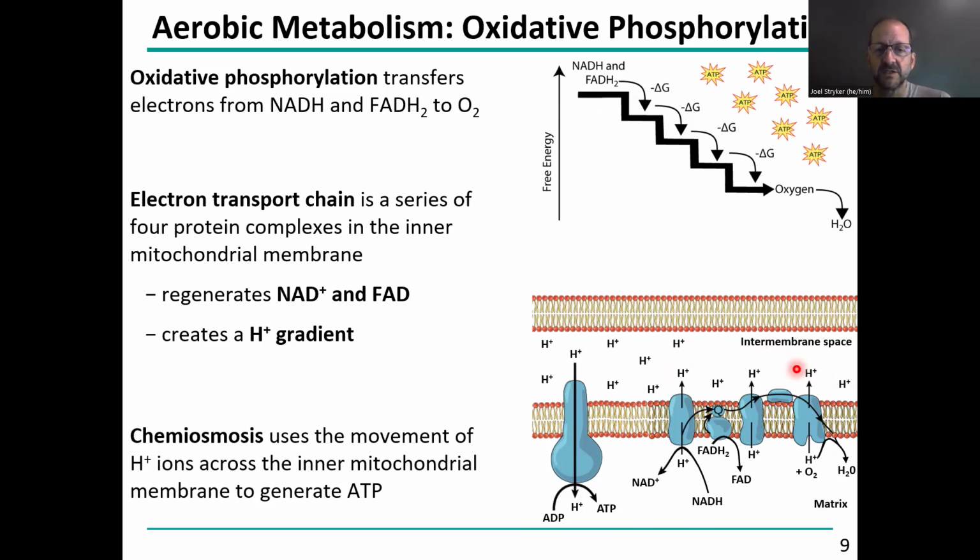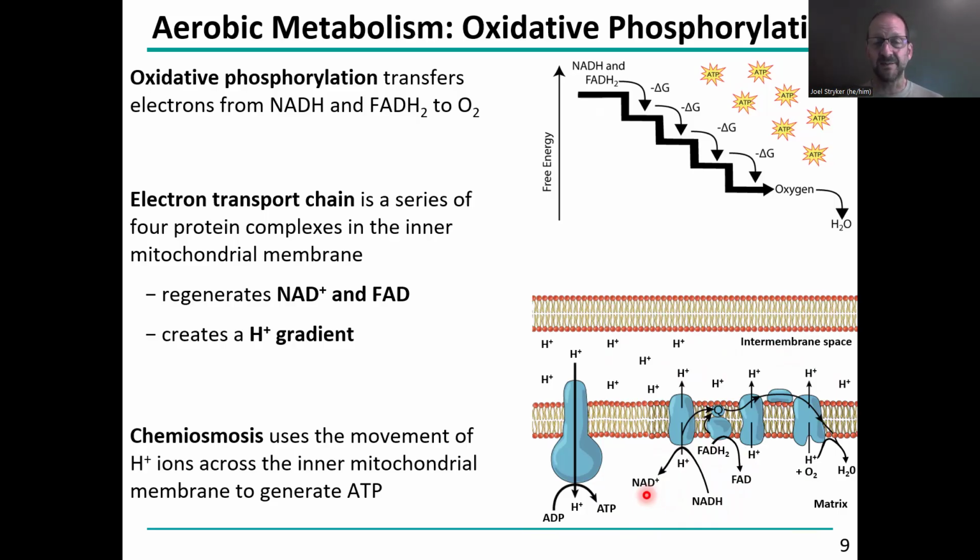The second thing it's doing is regenerating the NAD plus and the FAD. Remember, these molecules were essential for glycolysis, the citric acid cycle, and the pyruvate oxidation step. All of those needed NAD plus in this form. And we had talked about during glycolysis and then the anaerobic process of fermentation how important that NAD plus is.